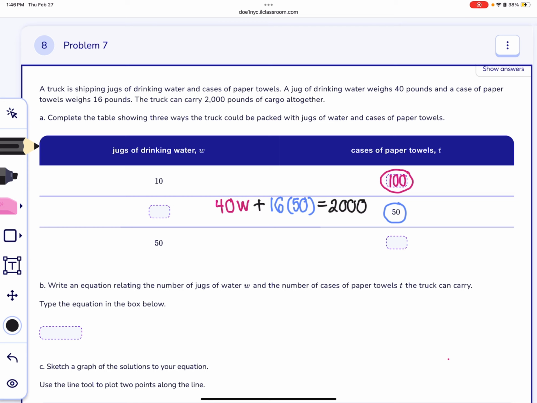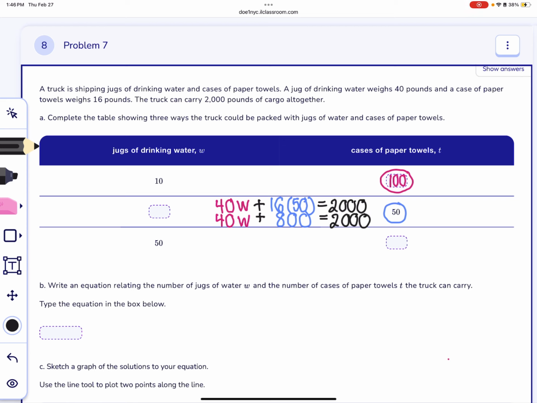And with this information, we're going to now solve for W. So we're going to write out this step by step. We still have 40W. We're going to add that with 16 times 50, which is 800. And we're going to set it equal to 2,000.